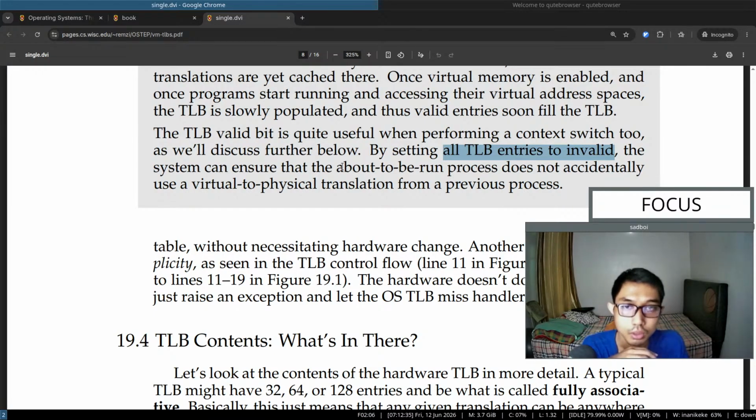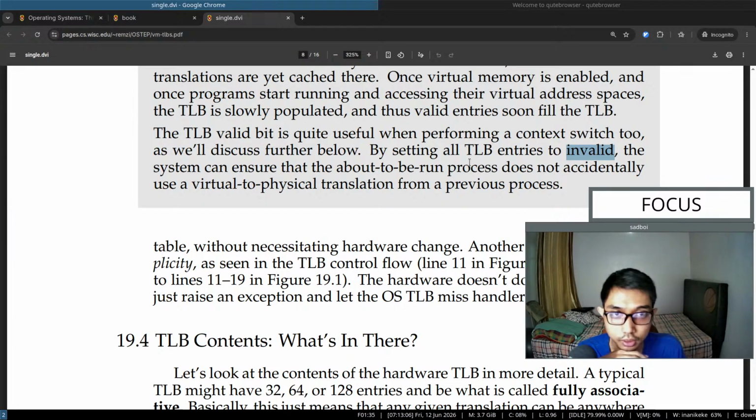So I'm assuming that when the previous process finishes, or maybe when the current process finishes and another process is about to be run, the current or previous process translation will be marked invalid. Is that it?